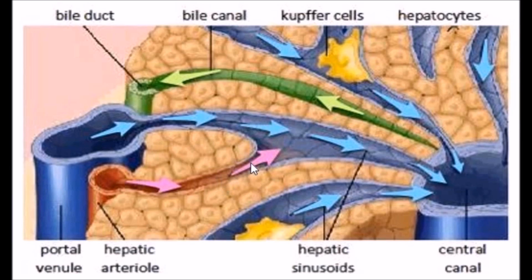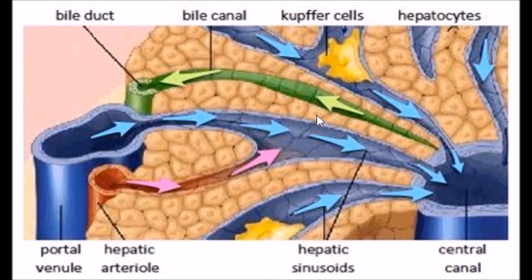So both the arterial blood and the venous blood mix in the sinusoids, and then the blood passes through these sinusoids into the central vein. From the central vein the blood is collected by the hepatic veins, and the hepatic veins then drain into the inferior vena cava.